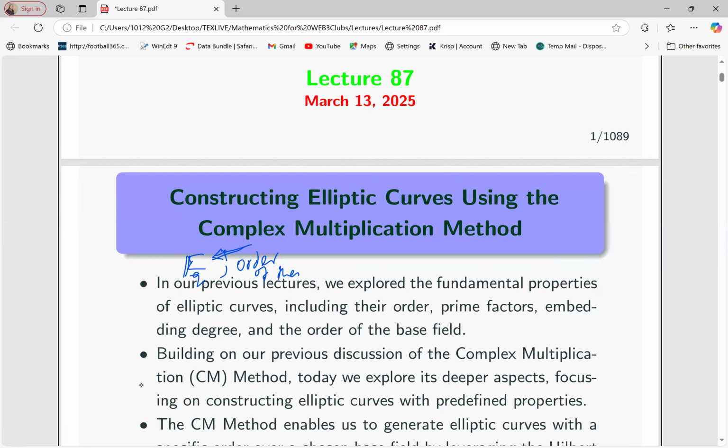Let's say maybe you want your elliptic curve to have 20 points, and that you want it on the field F13, just for example's sake. Once you've done that, you would then calculate the trace.